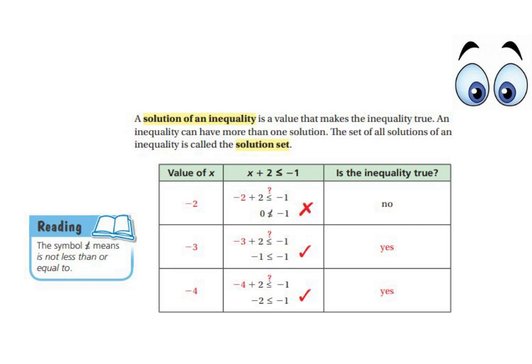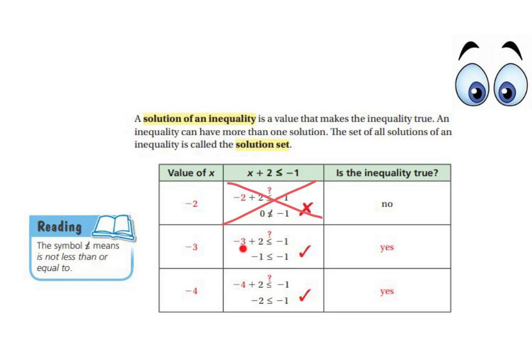For example, if x is negative 2, negative 2 plus 2 is equal to 0. Is 0 less than or equal to negative 1? No, it is not. 0 is greater than negative 1, so we would say this is not a solution.